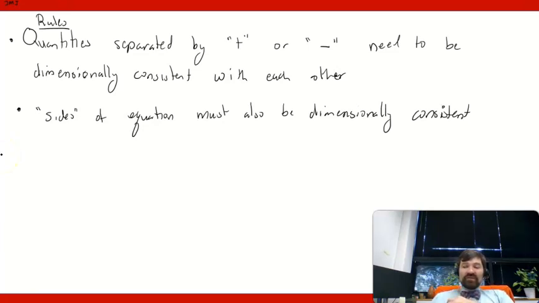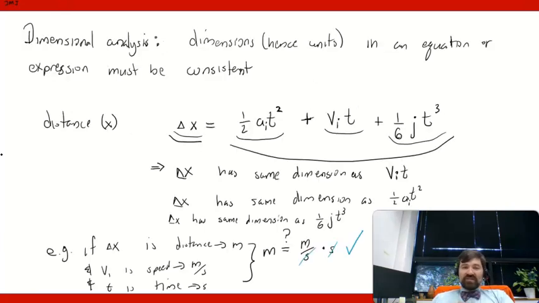0 as a quantity: when you have 0 times anything, you get 0, and so the dimensions of 0 are whatever you need them to be. Notice that quantities that are multiplied by each other or divided by each other are not necessarily dimensionally consistent within that multiplication or division. So this a initial and this time squared term don't have to have the same dimension as each other.